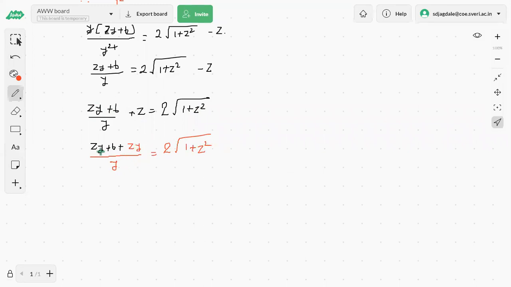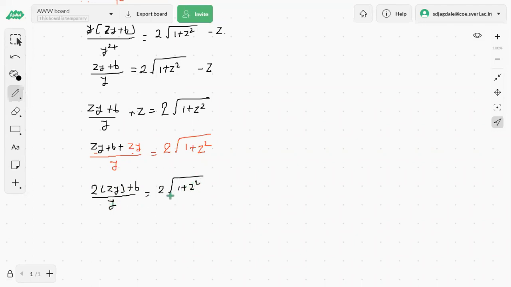Okay, now zy plus zy becomes twice. So that is 2 times (zy plus b) upon y is equals to 2 into root of 1 plus z square.